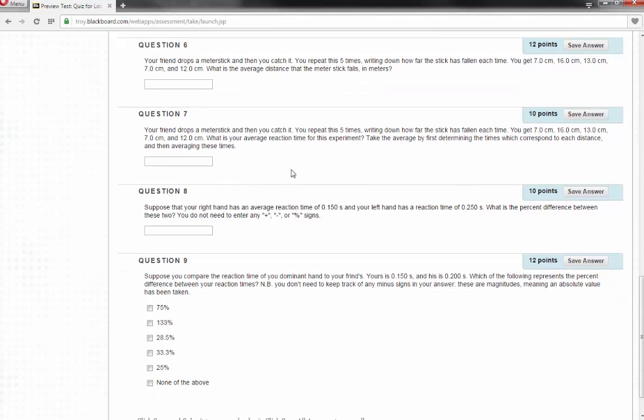Question number 6. Basically, you're told that your friend is going to drop a meter stick and then you're going to catch it. And you do that 5 times, and each time you write down how far the stick falls. It wants to know what's the average distance the stick falls. Question 7, by the way, asks for the same set of data.